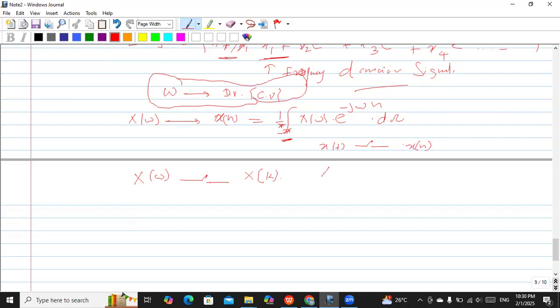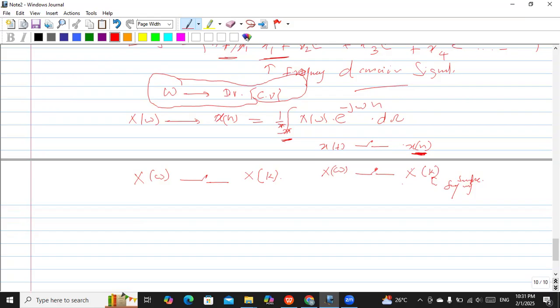And if we have the frequency domain signal X(omega) and we sample it, we will have frequency samples. These are time related samples. We will have frequency related samples, that is X[k]. So this k is related to frequency. Normally we say frequency sample.